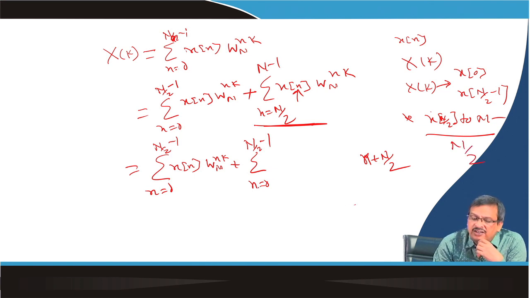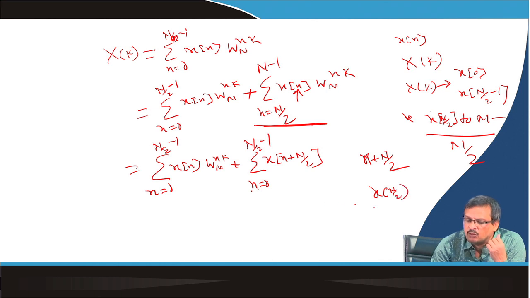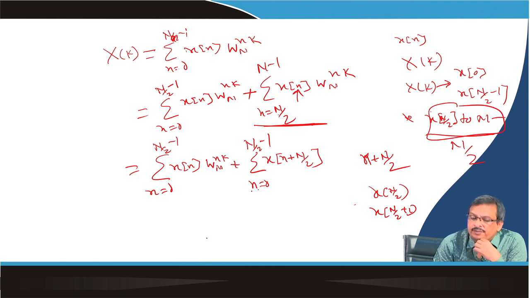Now I want to write 0 instead of N by 2 to N minus 1. So, what I am doing is changing the index to n plus N by 2. When n equal to 0, I am accessing x[N by 2]. When n equal to 1, I am accessing x[N by 2 plus 1]. So, the n index is replaced by n plus N by 2, times k.